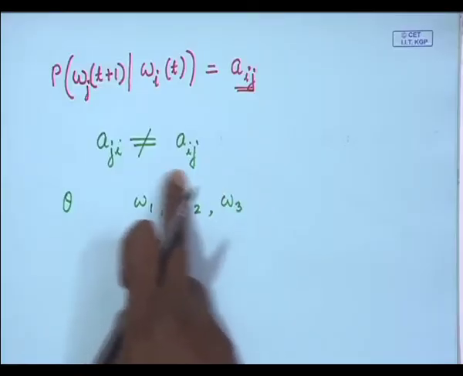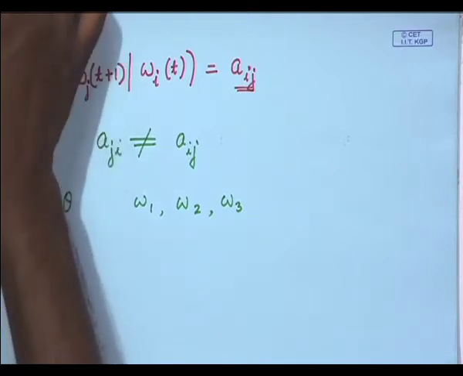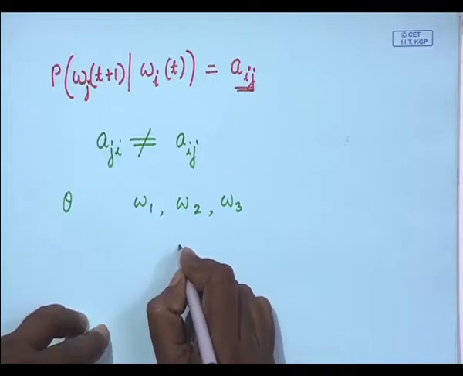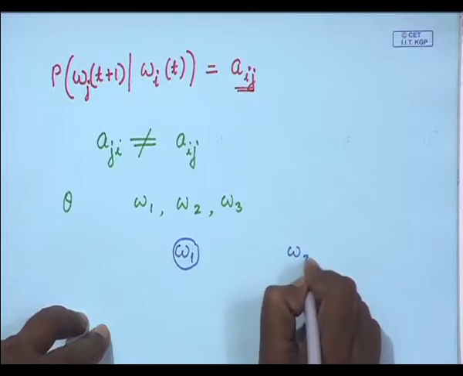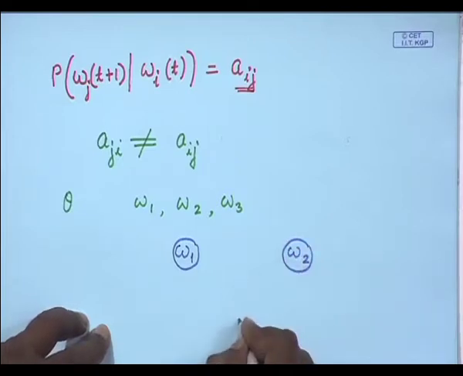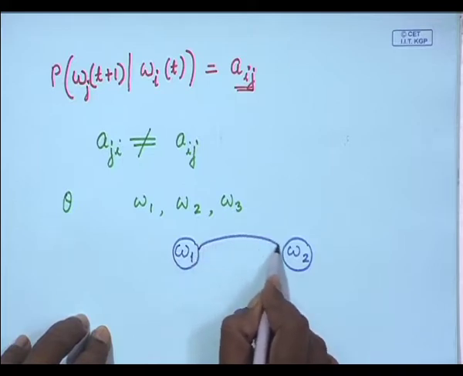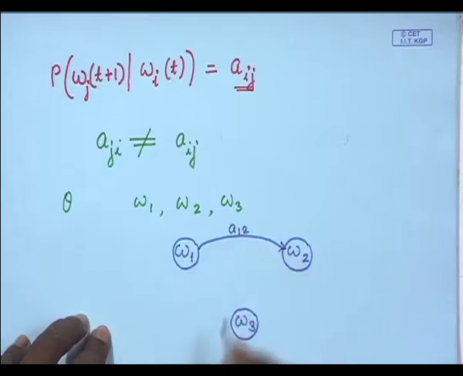Suppose this machine has three different states given by omega 1, omega 2 and omega 3, and let us represent them as state omega 1, state omega 2 and state omega 3. This machine can make a transition from omega 1 to omega 2 with a probability of transition given by a_12.